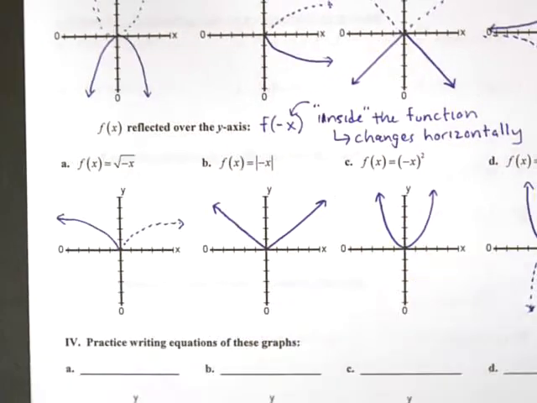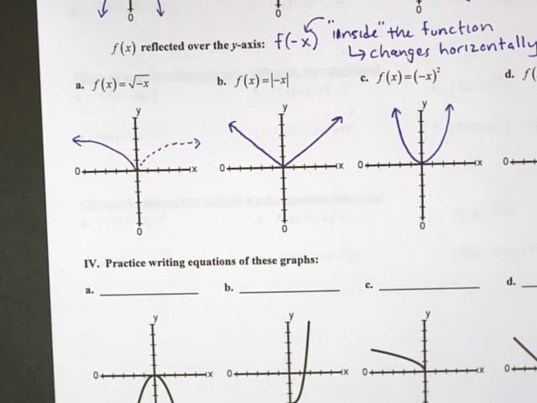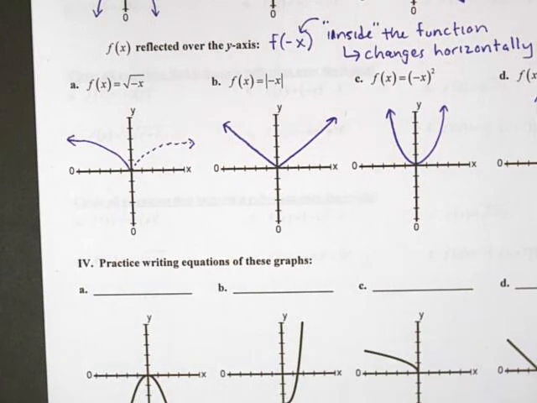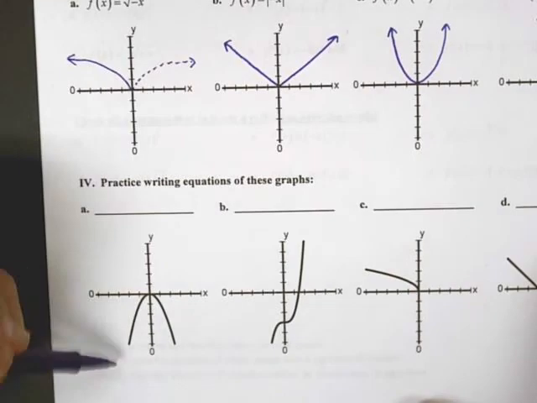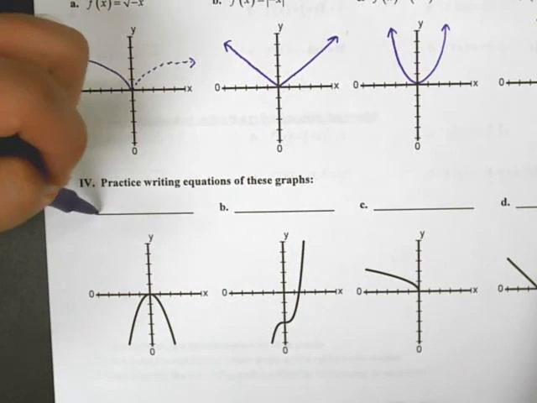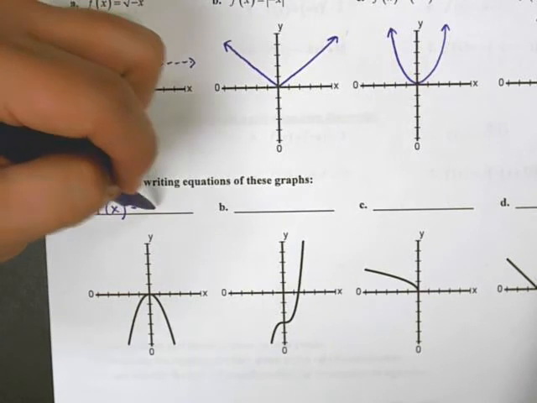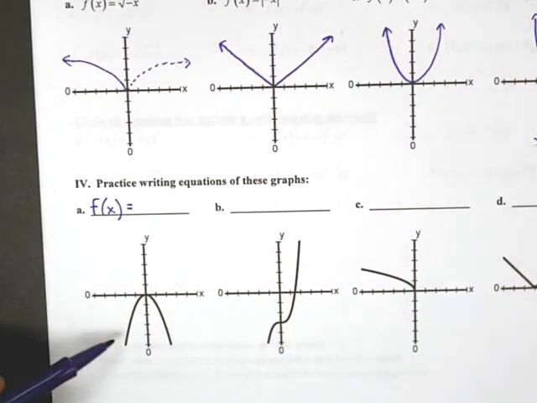Okay? So real quick, before we go and finish up the last page, let's take a look at practicing writing these equations. Okay. We have to kind of figure out what transformation happened. If I look at A, letter A down here, hopefully we all agree that this is a parabola or a square function. So I know that I'm going to have f of x equals, so I know this is going to be an x squared. What happened here?